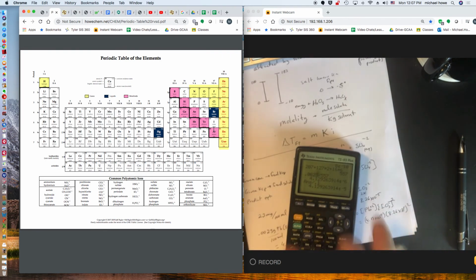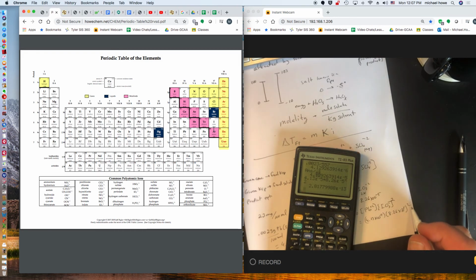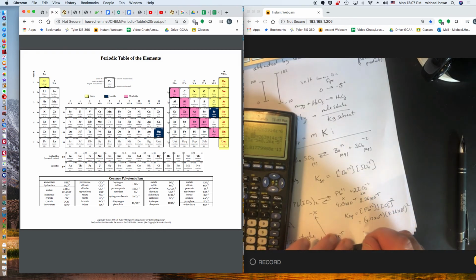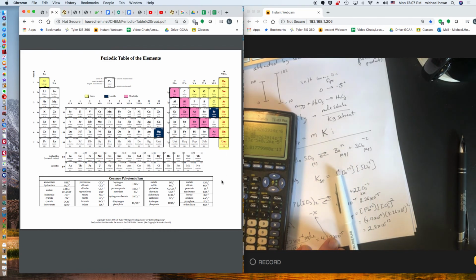So here we go, 4.13 E negative 5th times 8.26. So you get 2.8 times 10 to the negative 13th. And that would be the solubility product of the lead iodate.